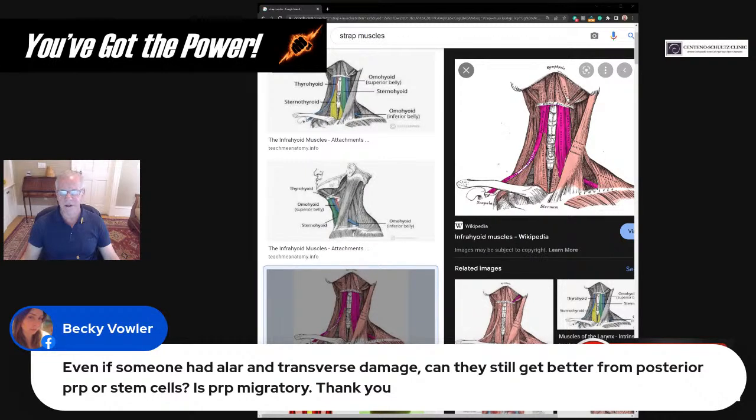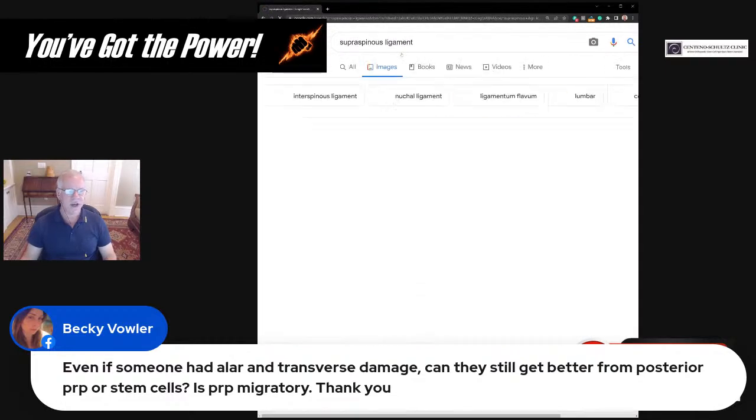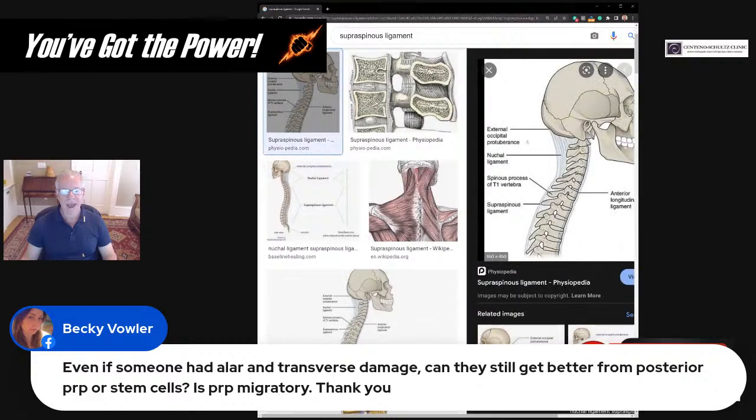Becky, even if someone had alar transverse damage, can they still get better from posterior PRP or stem cells? Is PRP migratory? No, it regrettably doesn't work that way. So if you go to see someone who's doing posterior injections, they're doing those injections into the muscles back in here in the back of the neck.